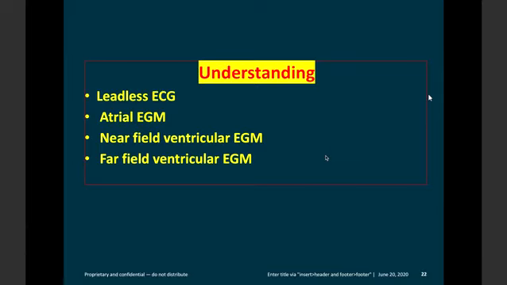So let us understand a few concepts: leadless ECG, atrial electrogram, near field ventricular electrogram, and far field ventricular electrogram. It's very important to understand this. Even if I don't manage to finish the entire presentation in the allotted time, I want you to understand what exactly we are discussing. Even if we finish only 30% of the presentation, it's okay, but that entire 30% we should understand as much as possible.